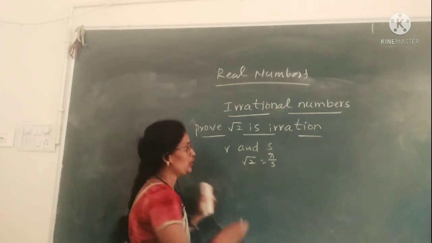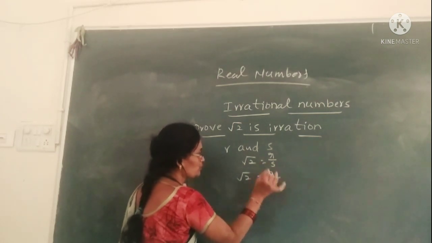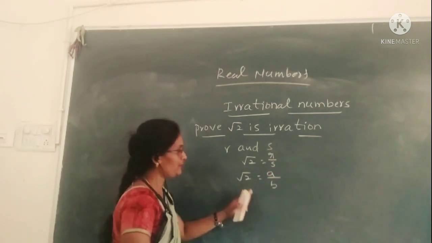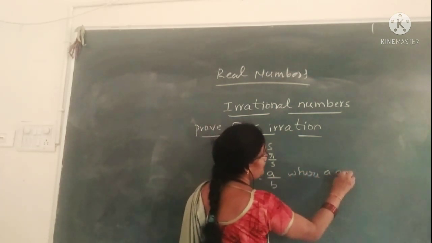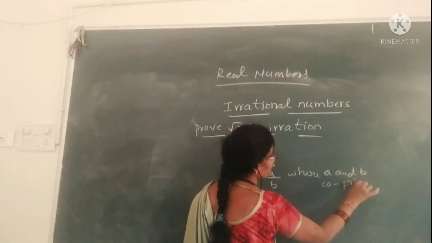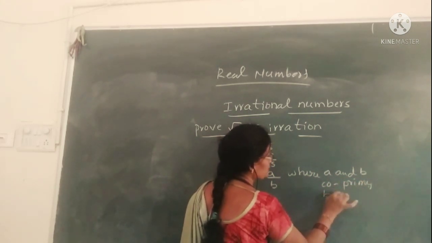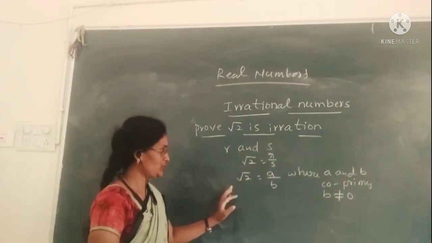We get root 2 is equal to A by B, where A and B are co-primes and B is not equal to 0.